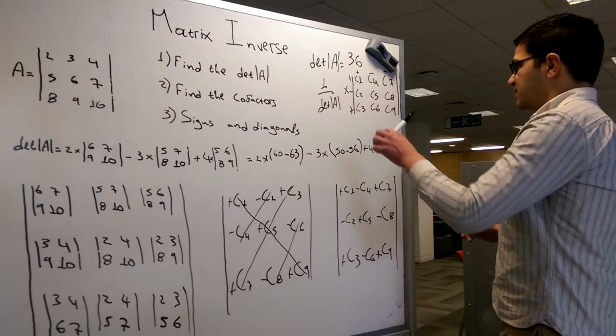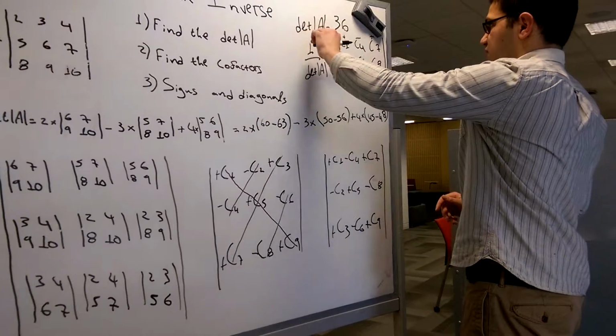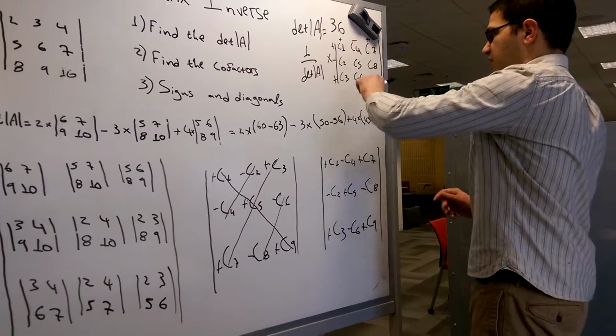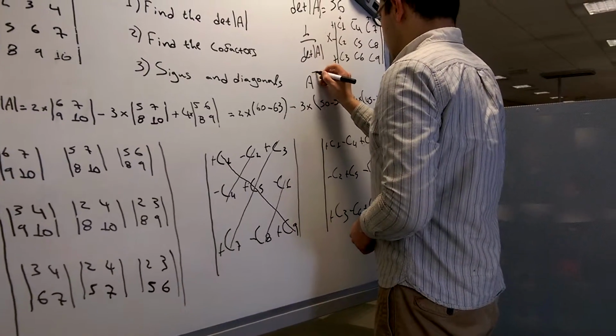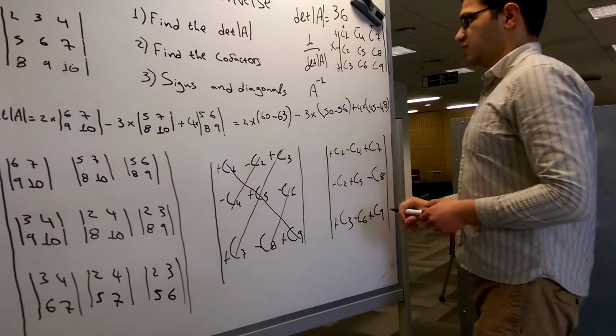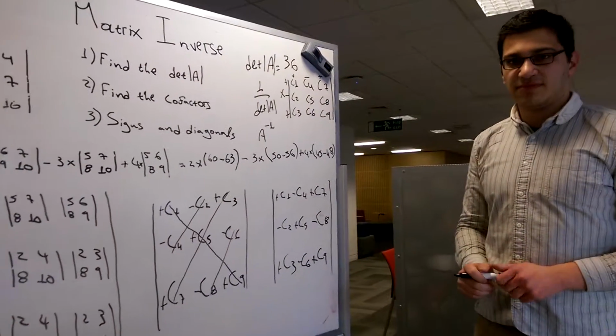And once you multiply the inverse of the determinant with the matrix of cofactors, you're going to end up with A to the minus 1, which is the inverse of your matrix. Thank you very much.